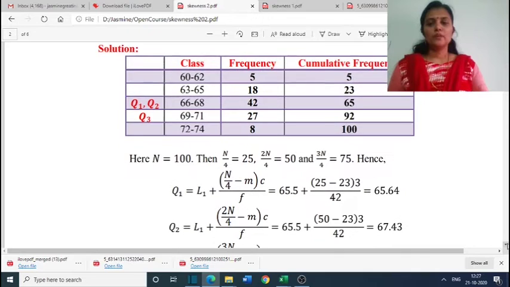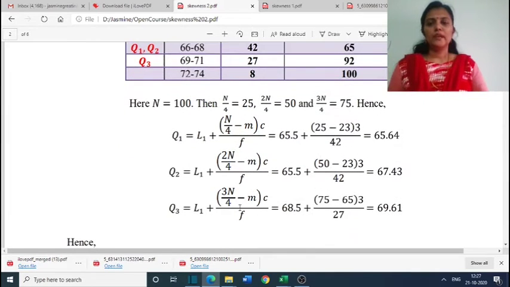Now Q1 is equal to L1 plus n by 4 minus m into c by f, which is equal to 65.5 plus 25 minus the cumulative frequency just above the class, 23, into c, 3, divided by frequency 42, which is equal to 65.64.